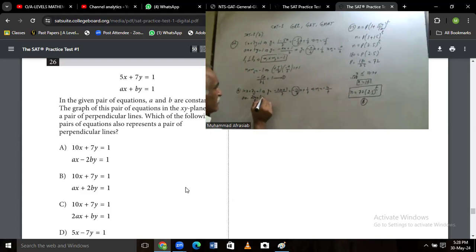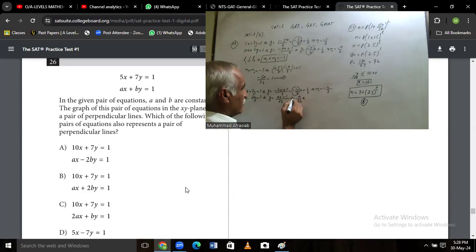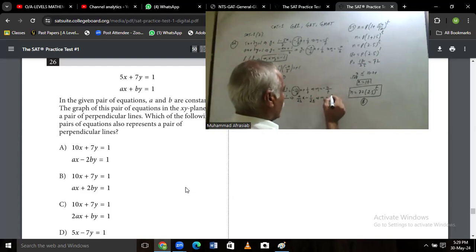And for equation 2 there, y is equal to minus ax plus 1 over 2b, or that is equal to minus a over 2b into x plus 1 over 2b. And for this one, m2 is equal to minus a over 2b.